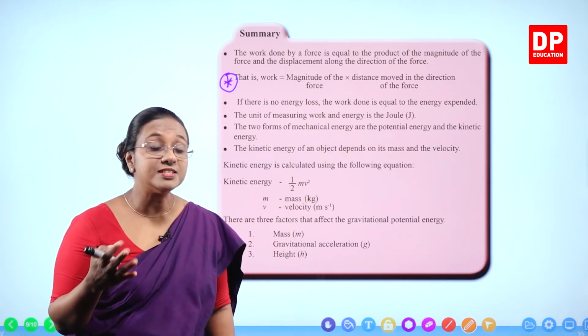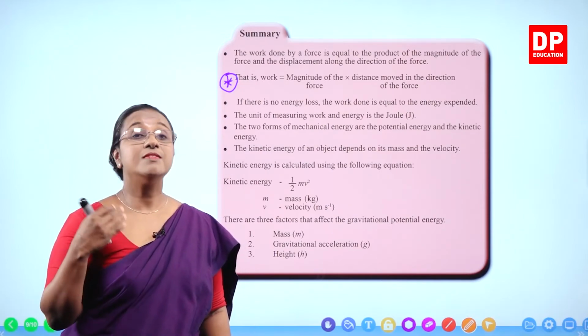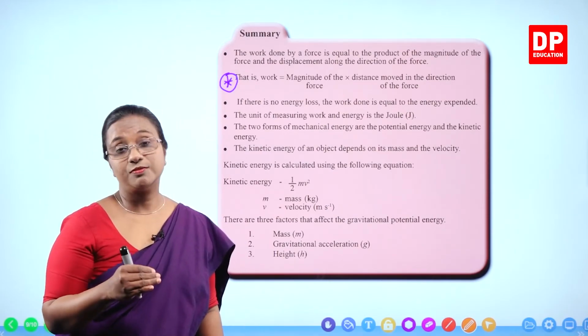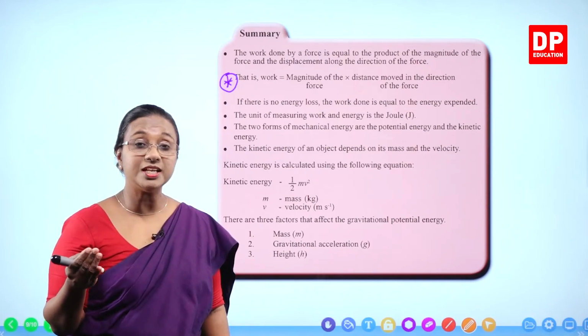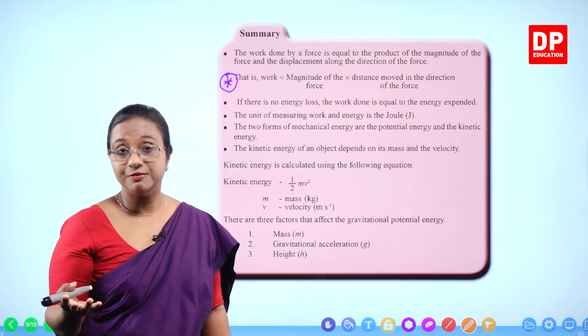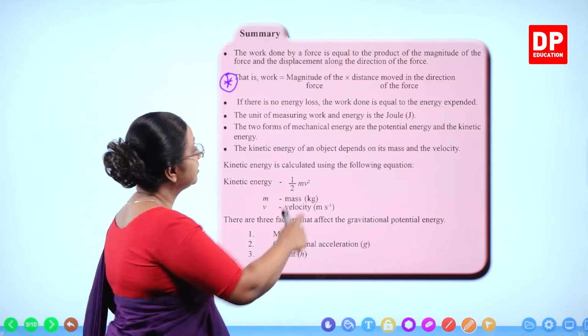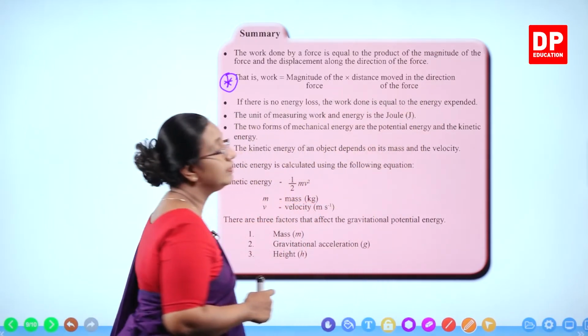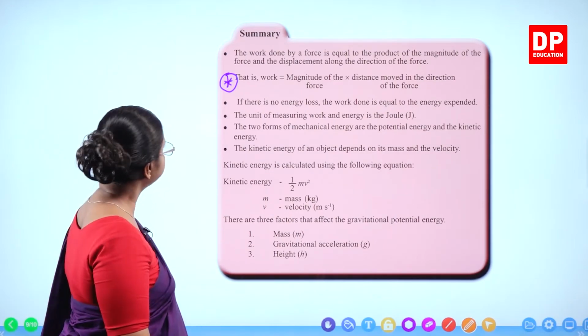So instead of distance moved in the direction of the force, we say displacement of the force or displacement of the object. And if it is being lifted up, we say the height lifted. So either way, it is going to be the distance moved in the direction of the force.